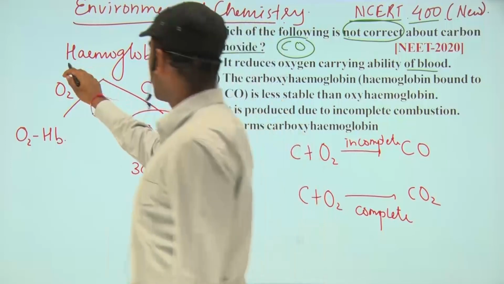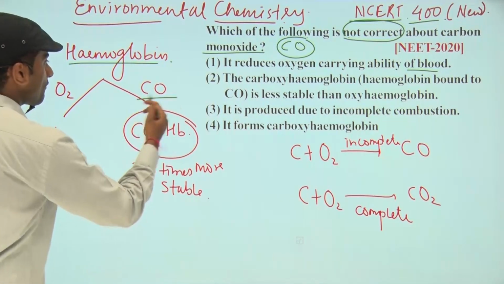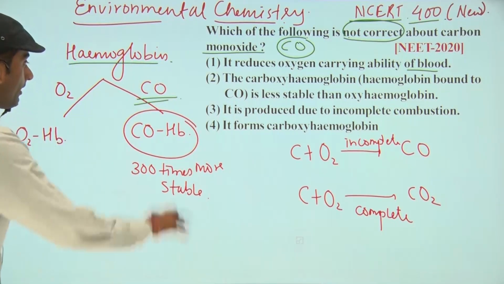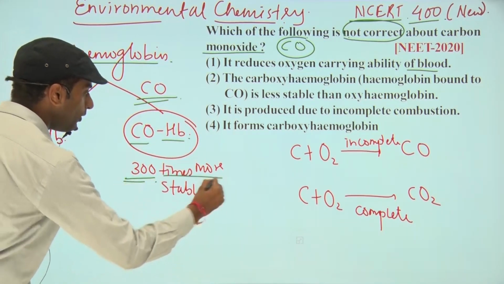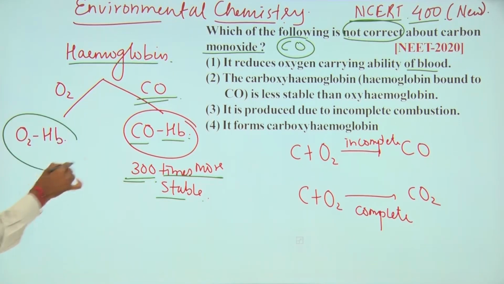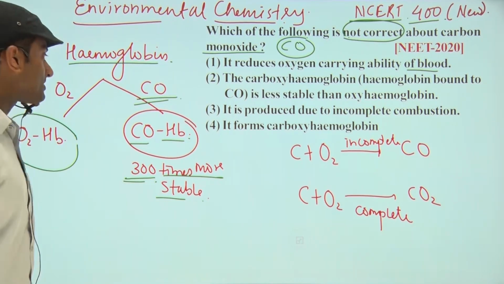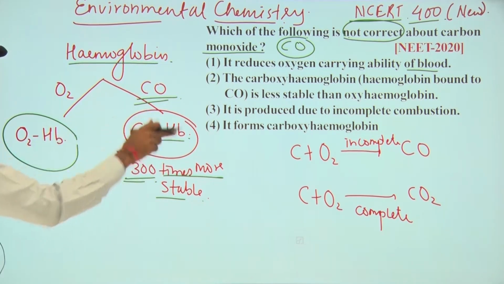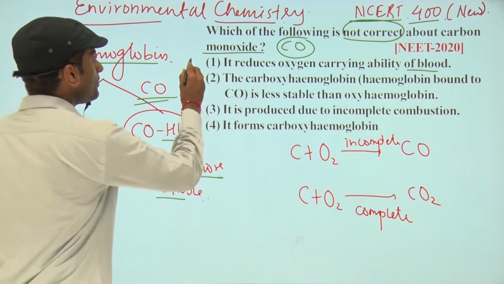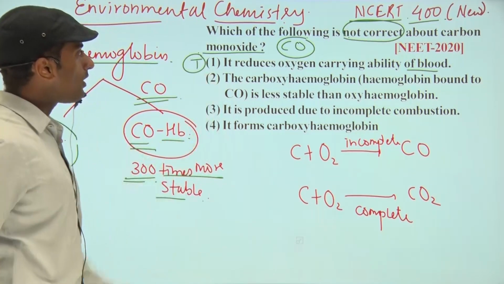As far as this hemoglobin is concerned, when exposure to carbon monoxide is there, it forms carboxyhemoglobin, that is 300 times more stable as compared to oxyhemoglobin. So obviously we can say that it blocks the capacity of hemoglobin to carry oxygen. So this is going to be a true option here, but we want the not correct one.